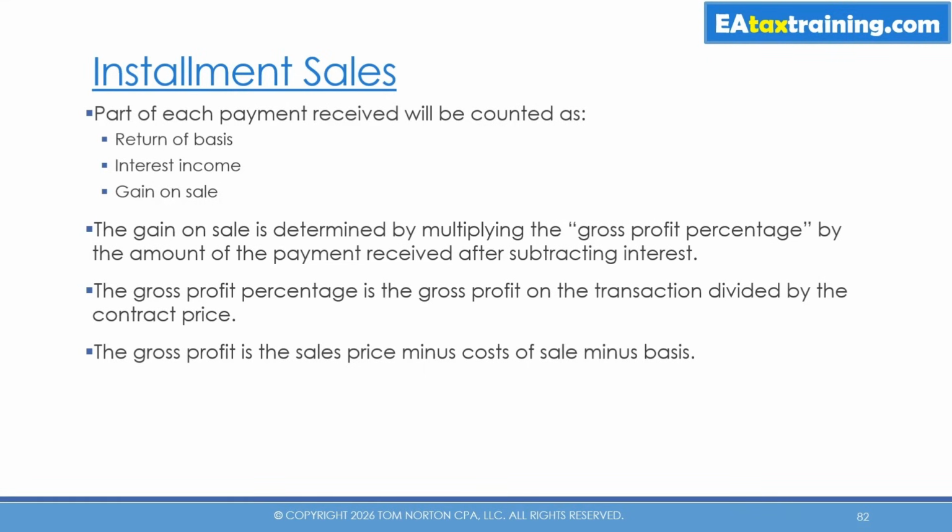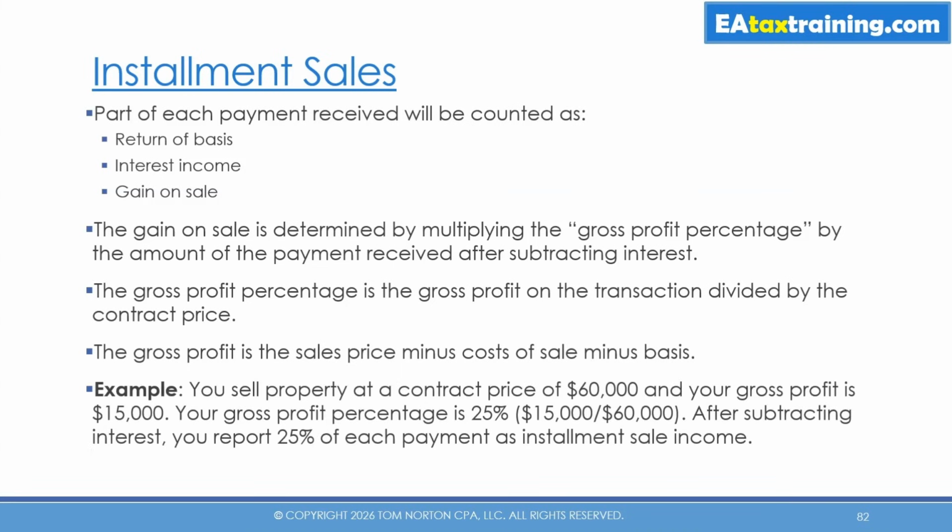The gain on sale is determined by multiplying the gross profit percentage by the amount of the payment received after subtracting interest. The gross profit percentage is the gross profit on the transaction divided by the contract price. The gross profit is the sales price minus any costs of sale minus the basis.